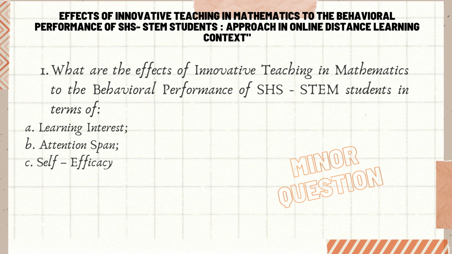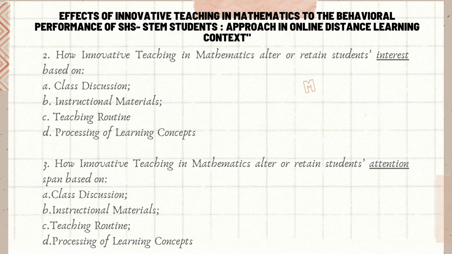Now, as we can see, there are other variables under the behavioral performance of the students. Those are A, B, C. Yan, yung learning interest, attention span, self-efficacy. As it may help the researchers assess the effects of innovative teaching to behavioral performance of the students. Okay, this is one of the examples of minor question in this research.